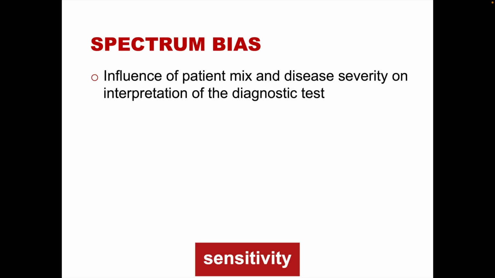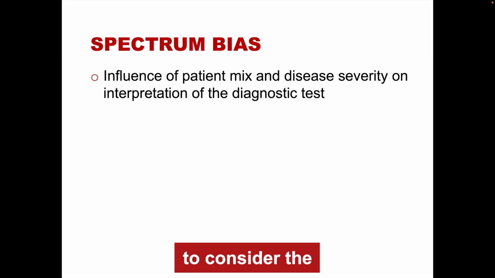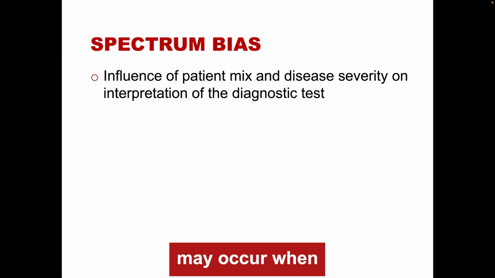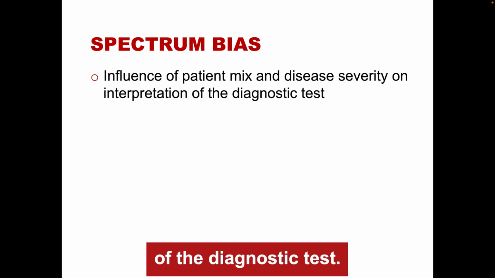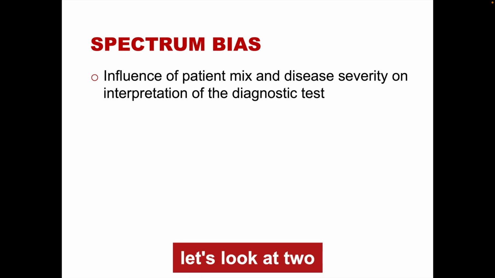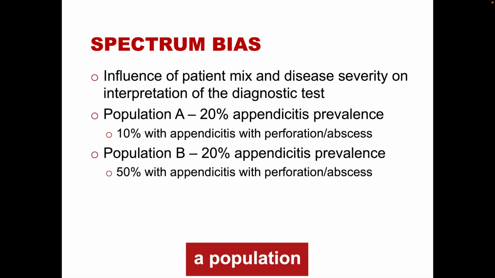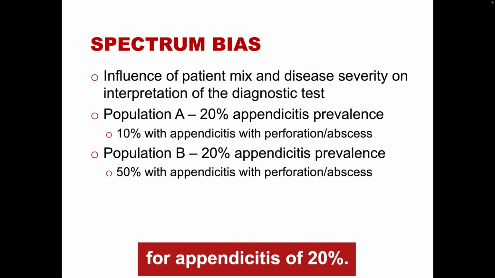When interpreting sensitivity and specificity, it's important to consider the possibility of spectrum bias. Spectrum bias may occur when there is varying disease severity that may affect the interpretation of the diagnostic test. For example, let's look at two hypothetical study populations. The first is a population with a prevalence of appendicitis of 20%.